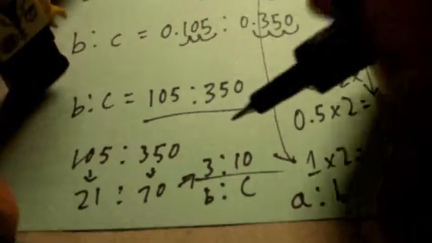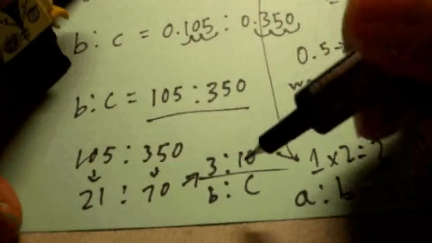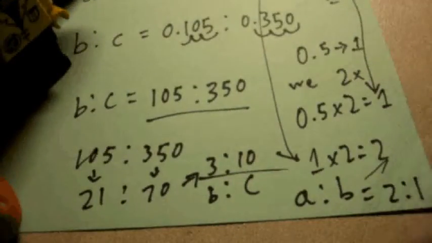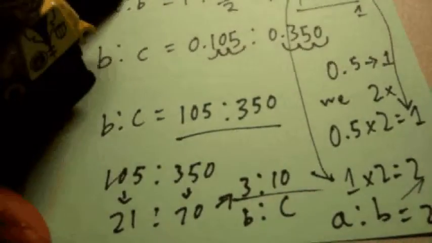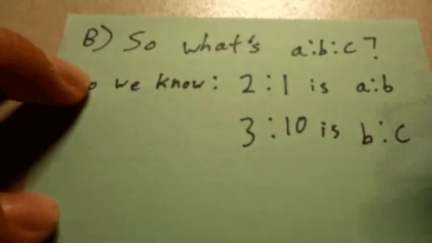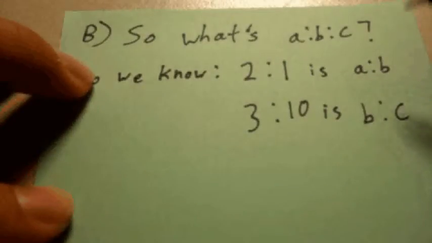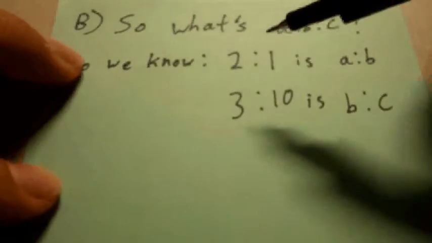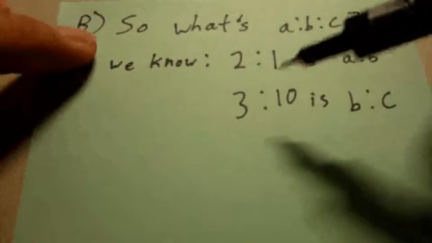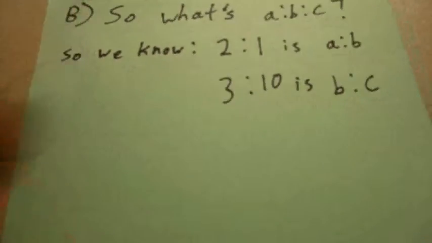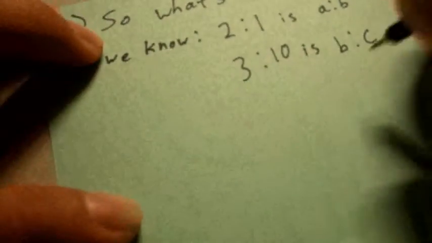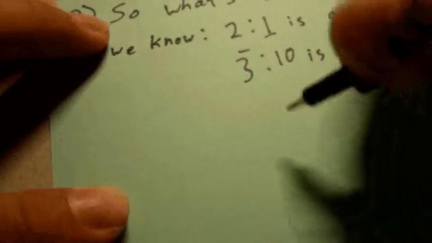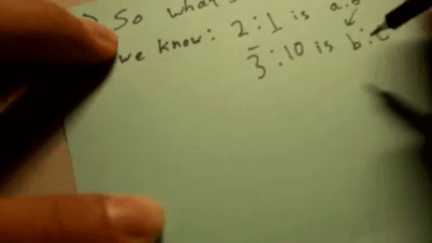Now we know A is to B and B is to C after they are simplified. So let's move on to part B. What is A is to B is to C? We know that 2 is to 1 is A is to B, and 3 is to 10 is B is to C. B is of the same value, but the numbers on the other side are different.